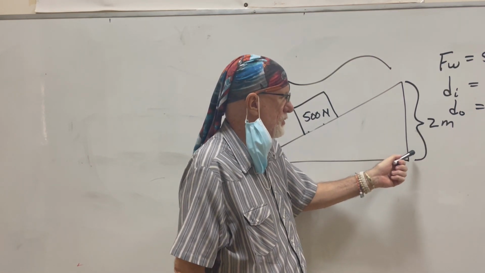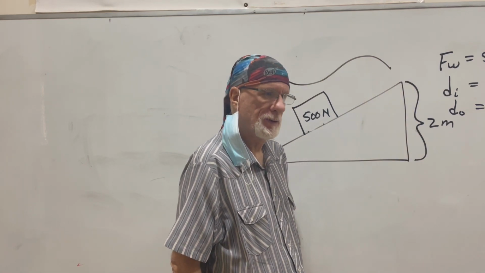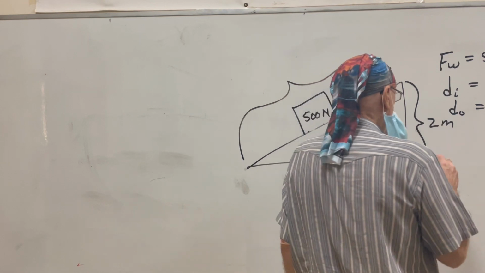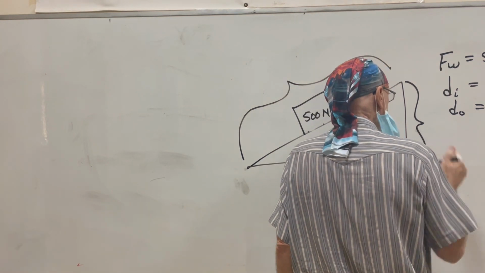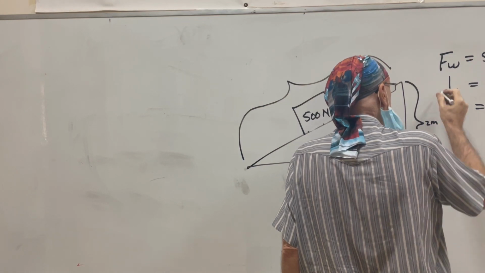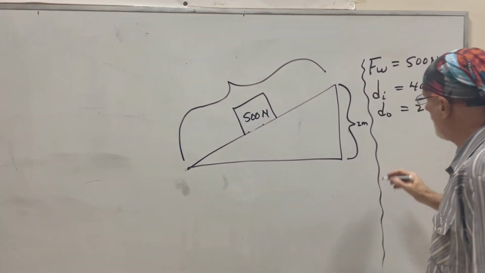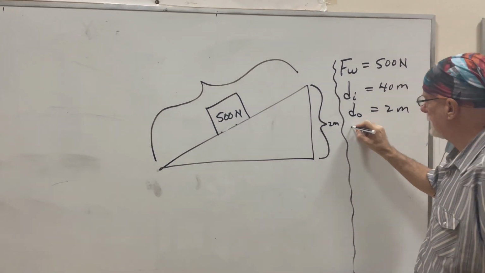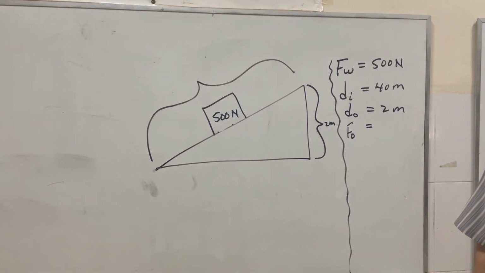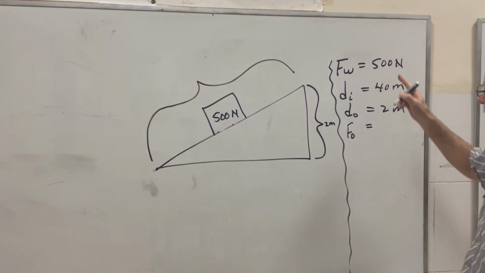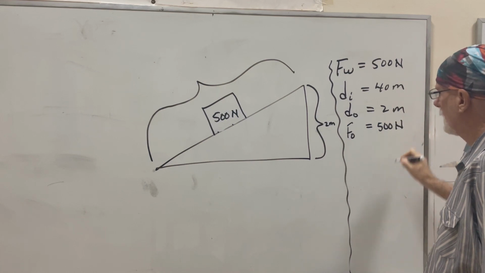And then you have to recognize that this is the DO, correct? 2 meters, okay? You have to recognize that the FO is going to be 500 newtons, because that's the weight. So that's going to be 500 newtons, okay?